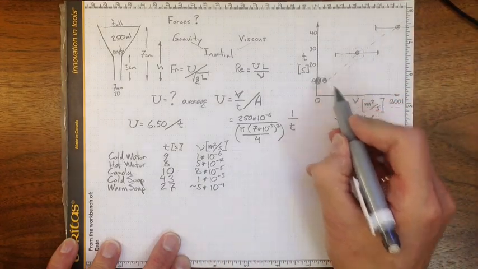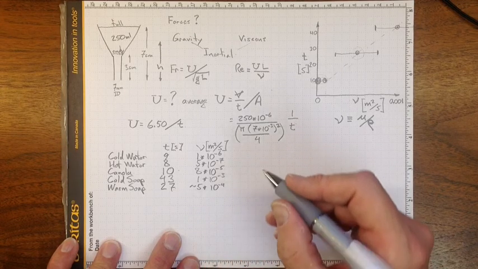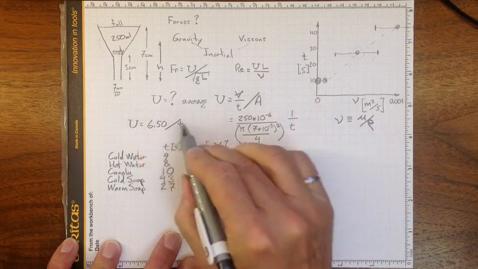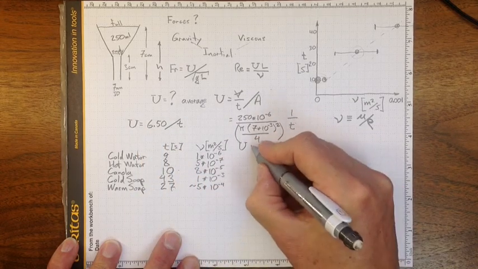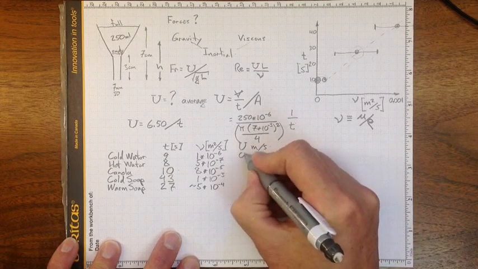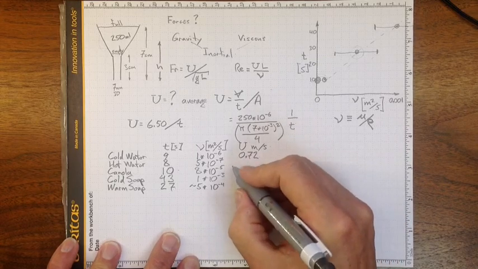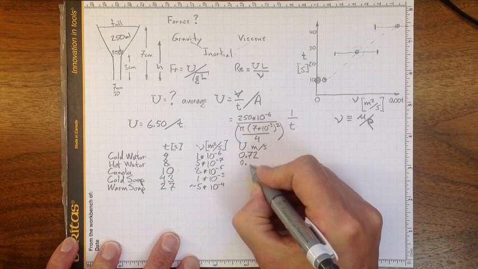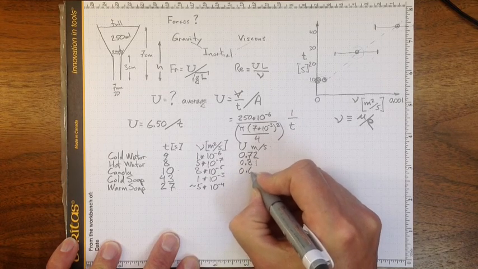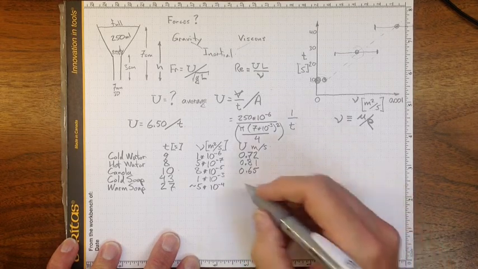These ones down here, I'm much more confident about. So if I look at the velocity and calculate it based on my 6.5 divided by t, to get a velocity in meters per second, I get 0.72, so almost 1 meter per second for the cold water, and 0.81, even faster for the hot water. 0.65 for the canola oil, so still fairly high value.